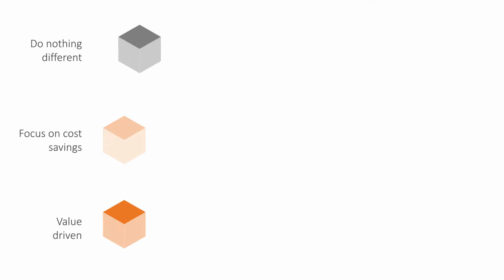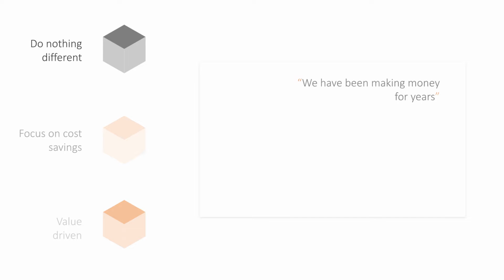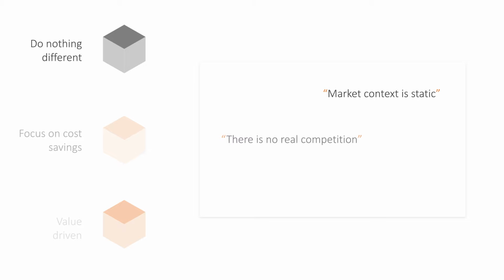So the do nothing different, the first scenario. Here the conversation is, we have been making money for years in our business. Our current model is fine. We don't need to do anything different. And the organizational assumptions when you're looking at that business case are that the market context is static. There's no real competition.